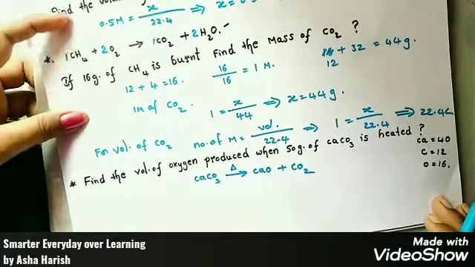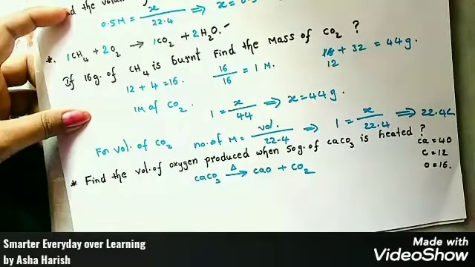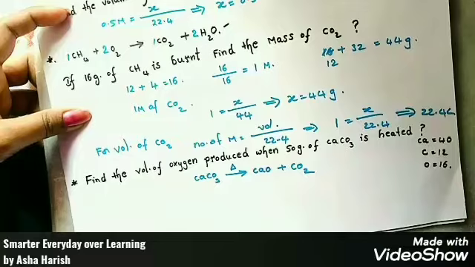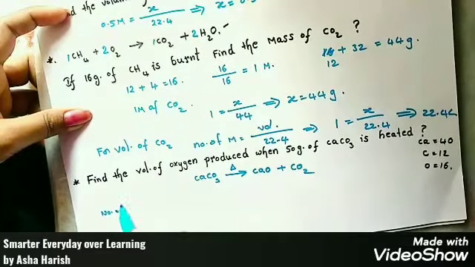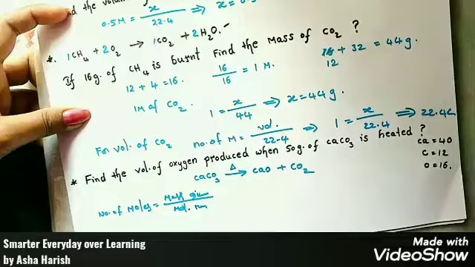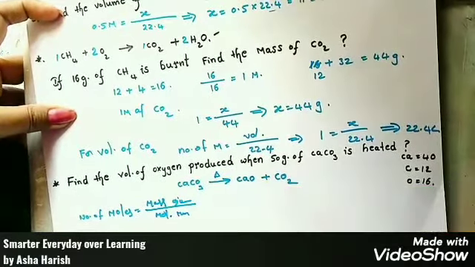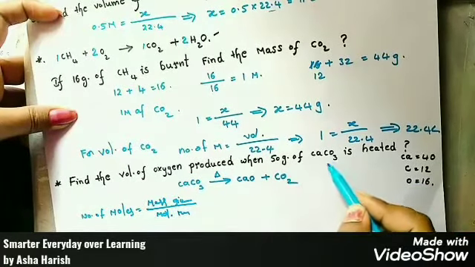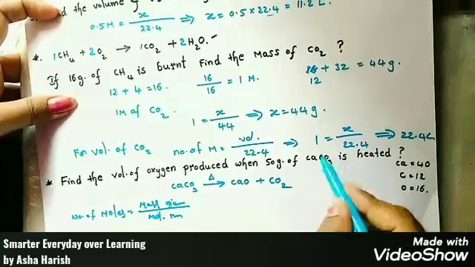Students, here you have to find out the number of moles by using the first formula, number of moles while we are taking mass given by molar mass. Before going to do that, for calcium carbonate, the molecular mass you have to find out, students.